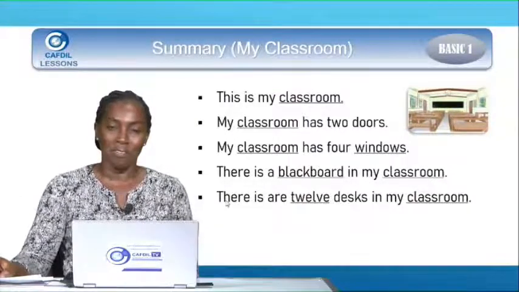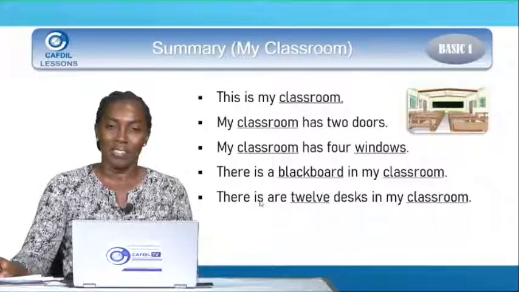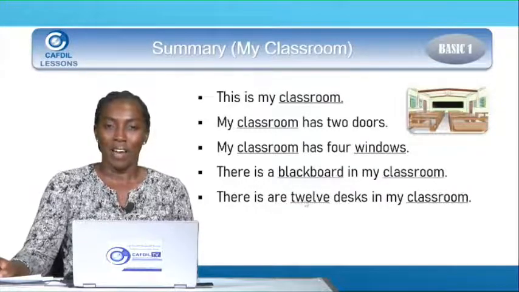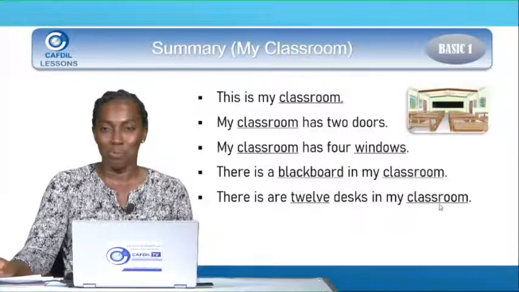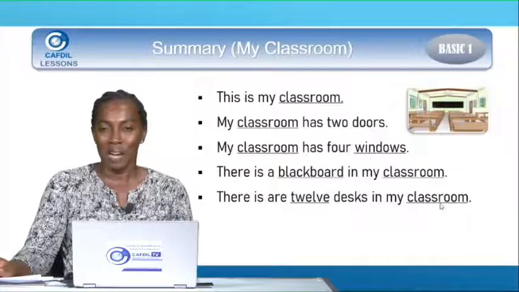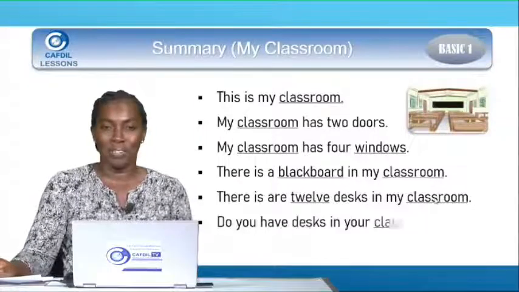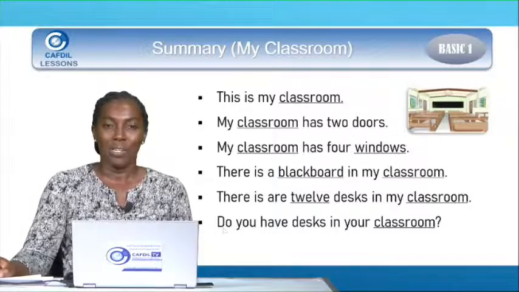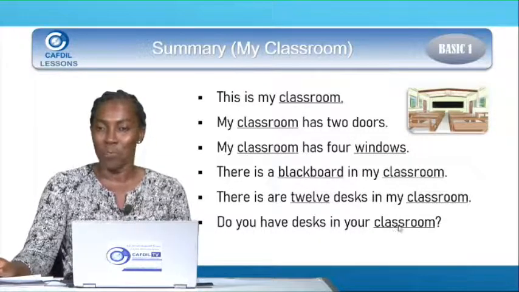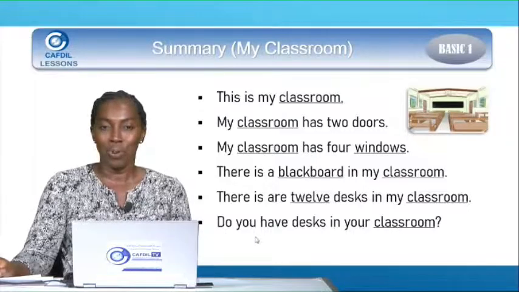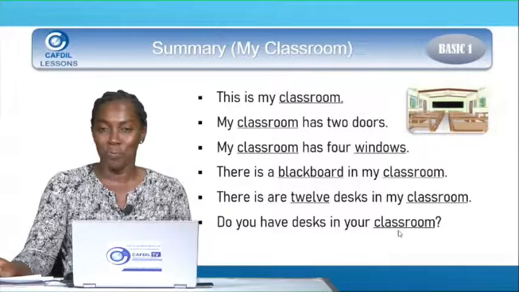We also have, there are 12 desks in my classroom. There are 12 desks in my classroom. Good. And then, do you have desks in your classroom?